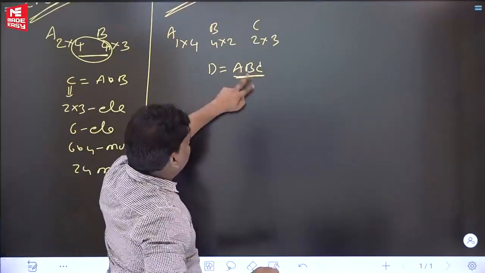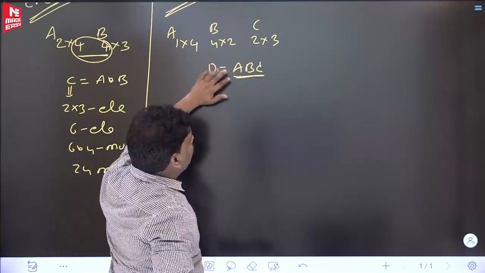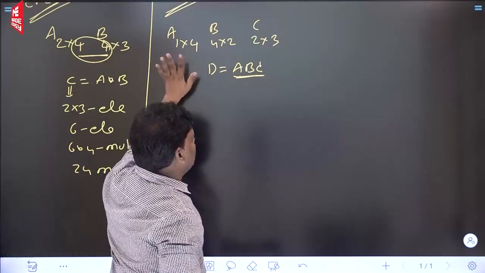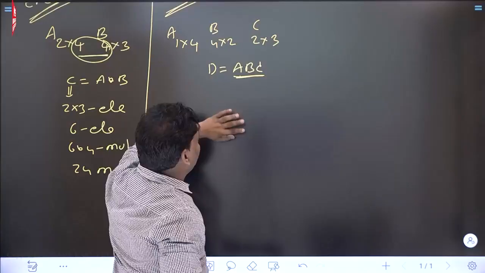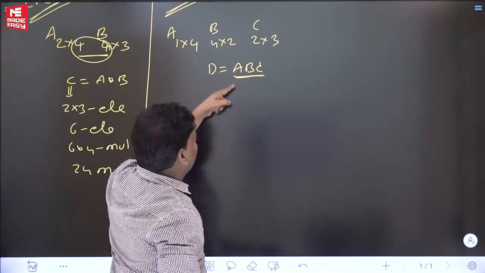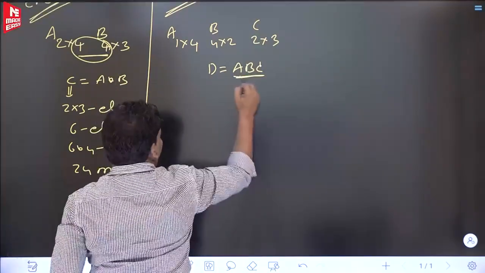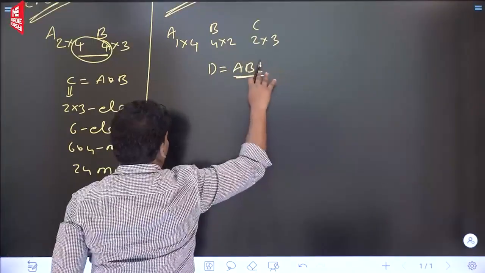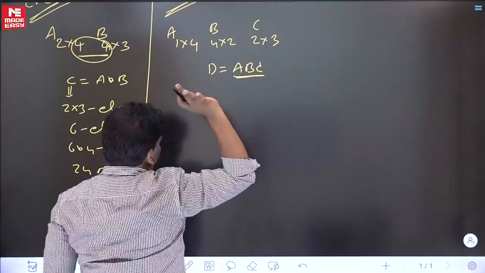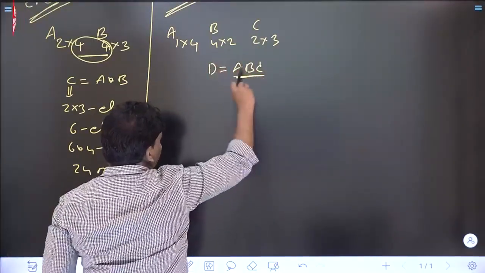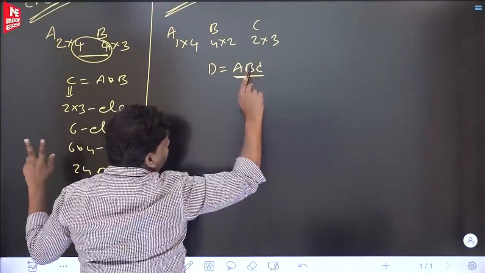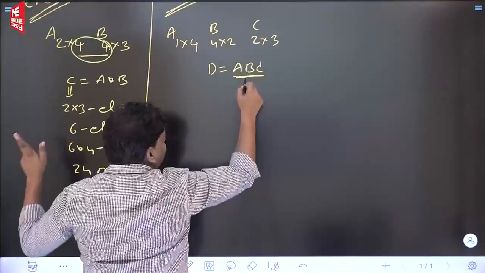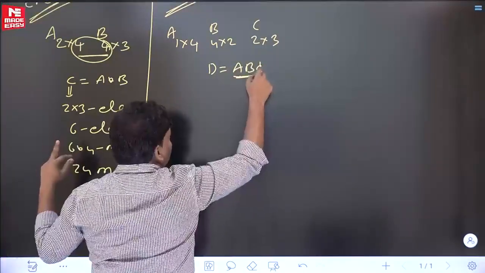I want to multiply 3 matrices, but I know only one thing: I can multiply only 2 matrices at a time. That is my goal, but at a time I cannot do it. Using 2, how to multiply 3 matrices, I will explain now.